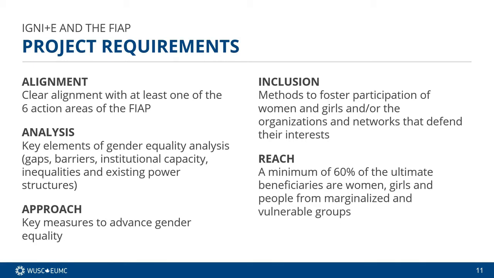It requires inclusion in terms of methods to foster participation of women and girls and or the organizations and networks that defend their interests. And it also requires a minimum reach for the ultimate outcome. So in the case of IGNItE, we've actually targeted 70% instead of 60%. So we anticipate we'll be able to exceed the required reach.